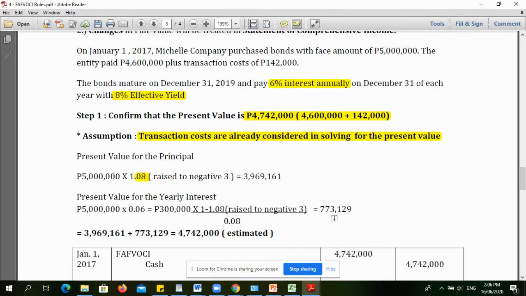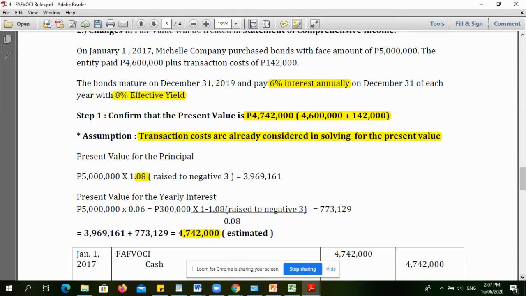So 300,000 per year equals 773,129. Ang gagawin natin is we will add 3,969,161 plus 773,129, which equals 4,742,000, which is equivalent to the present value that we already presumed kanina.